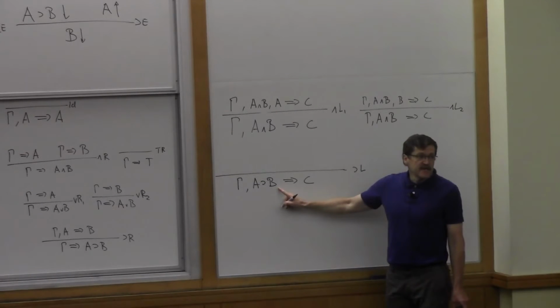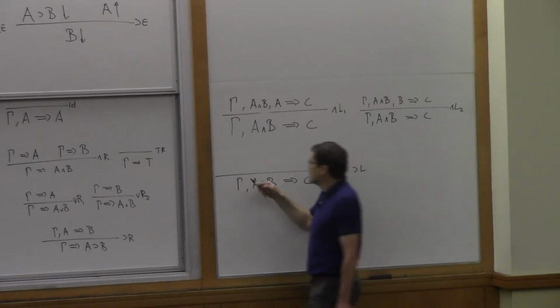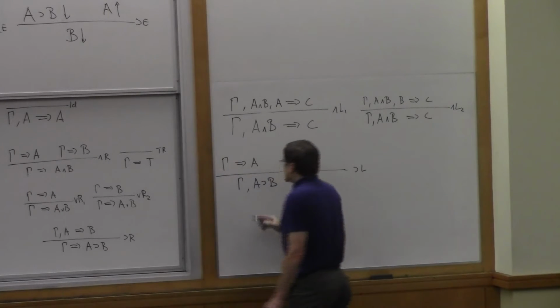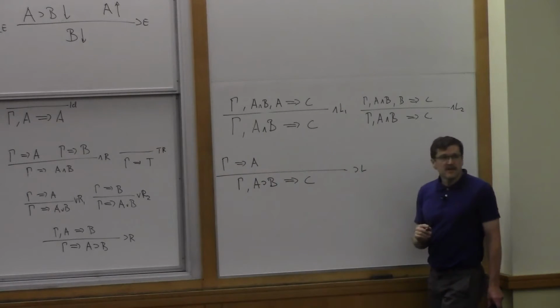Okay. I need a verification of A. How can I get a verification of A? Gamma arrow A. And once I have a verification of A, what can I use in my context?